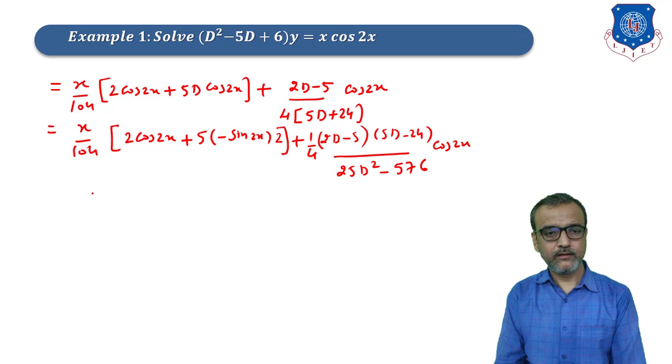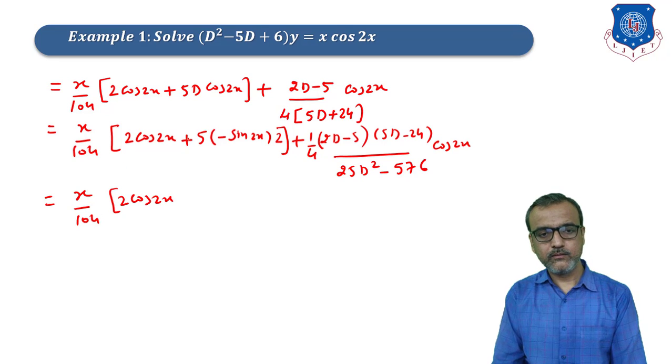Now this is equal to x upon 104, 2 cos 2x plus minus minus 5 into 2, 10 minus 10 x. This plus 1 upon 4 will be as it is. Now we will multiply 2d minus 5 by 5d minus 24.